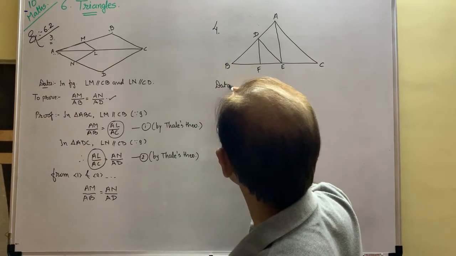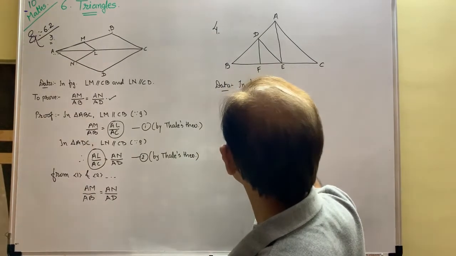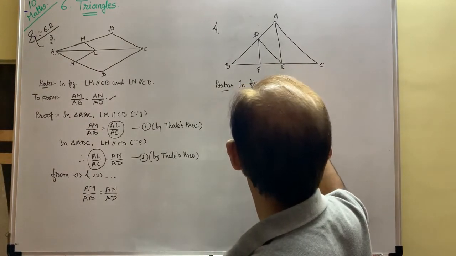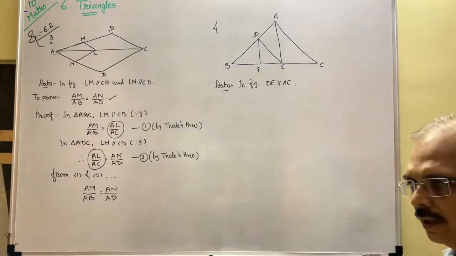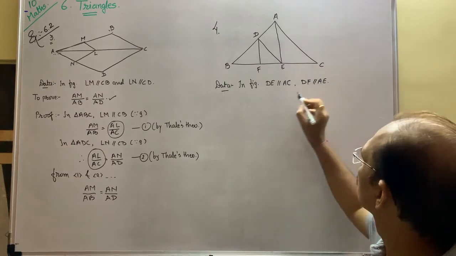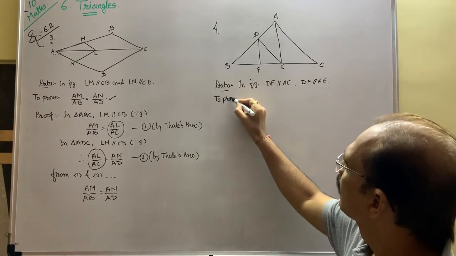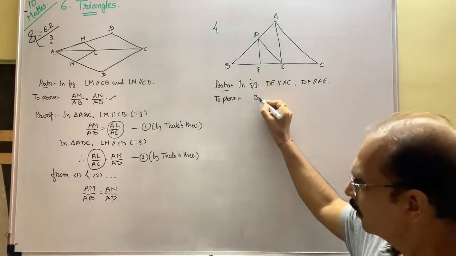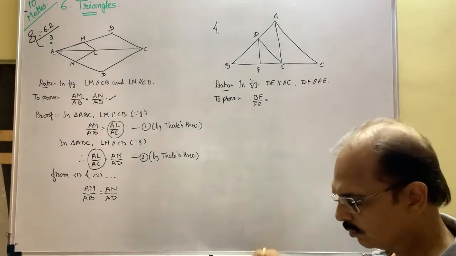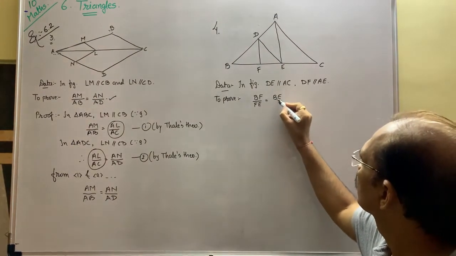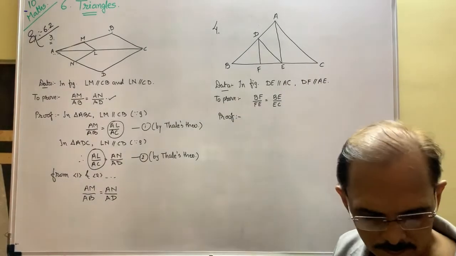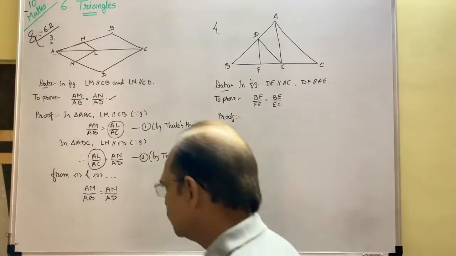What is the data? In the figure, DE is parallel to AC and DF is parallel to AE. To prove: BF upon FE is equal to BE upon EC. Check it.